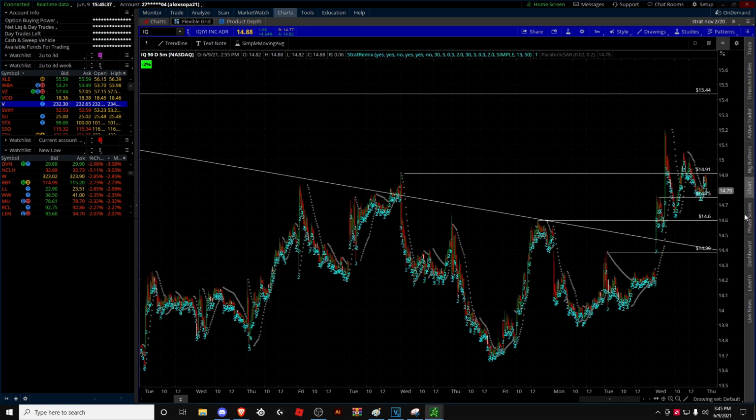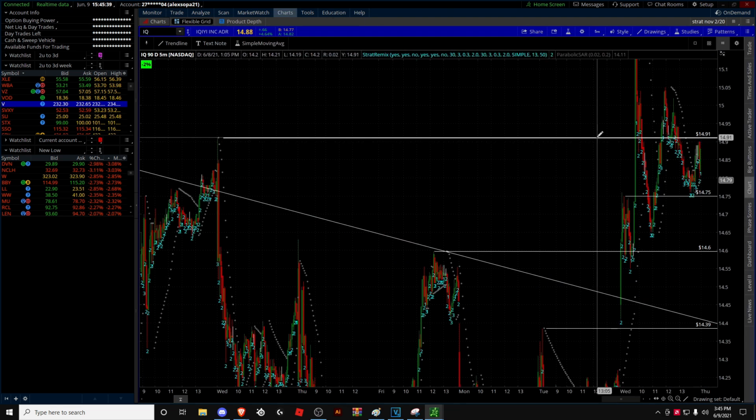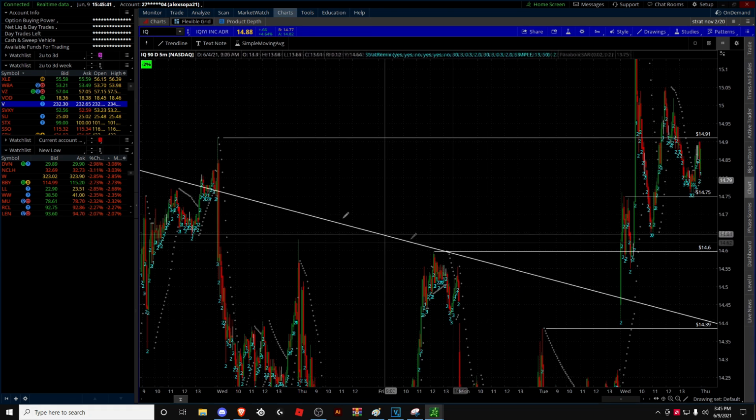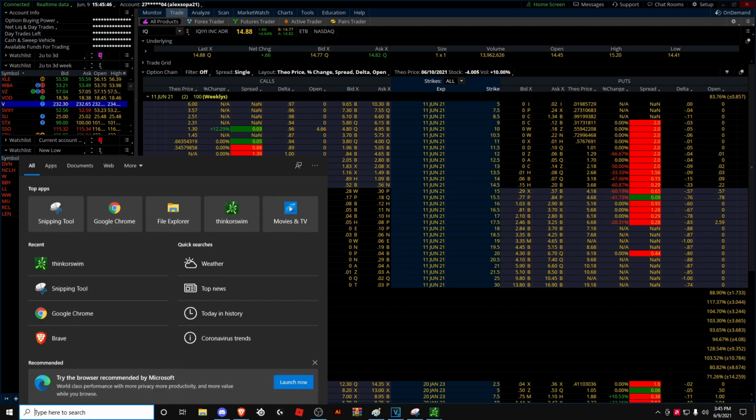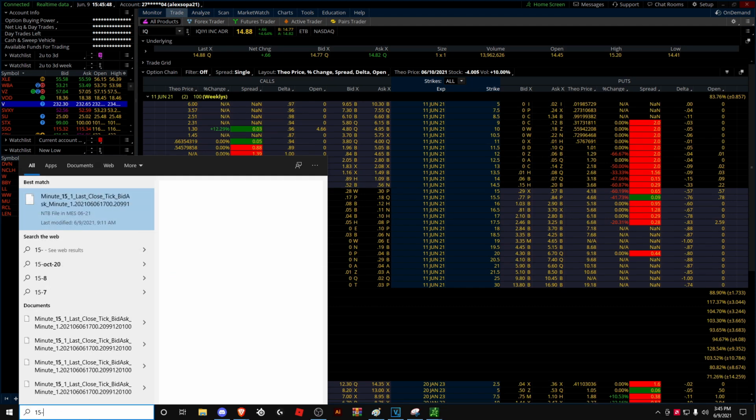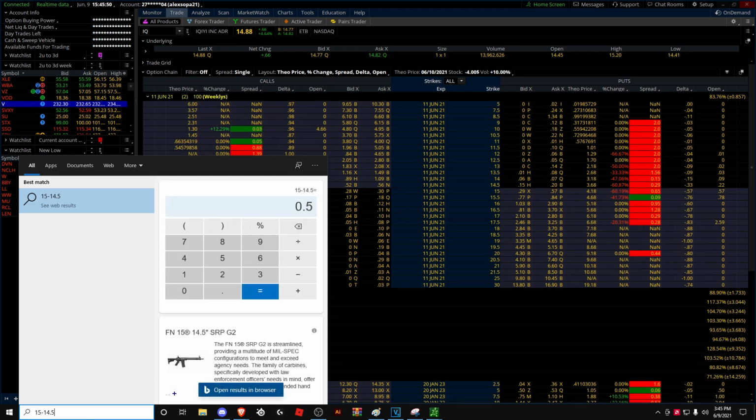If I think we're going to go to 14.91, or around, we'll just say $15, and the 14.5s are trading at 23 cents, if we go to $15 minus that strike price, this is going to be worth 0.5 per share, since it's going to be $0.5 in the money.